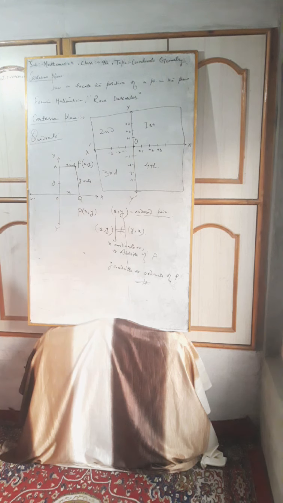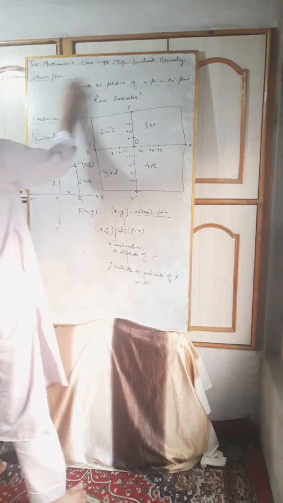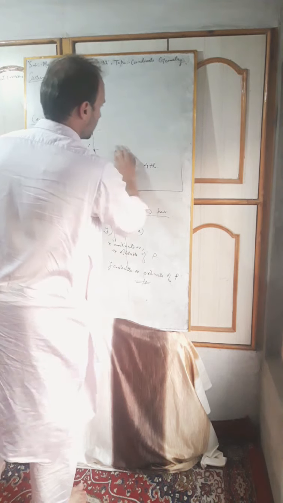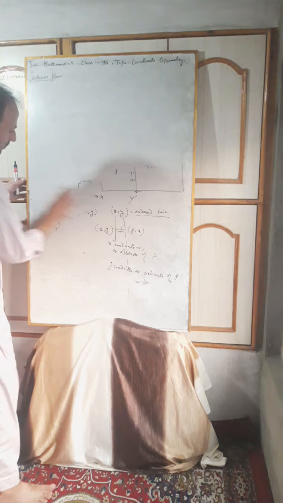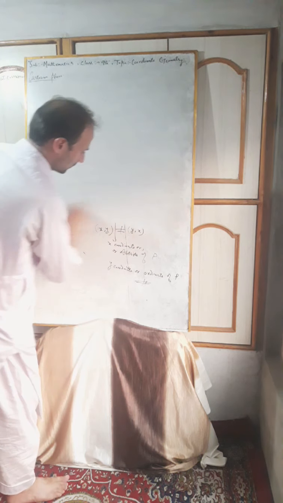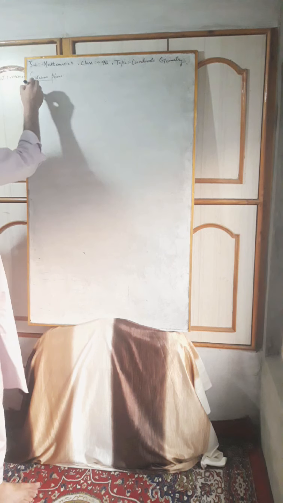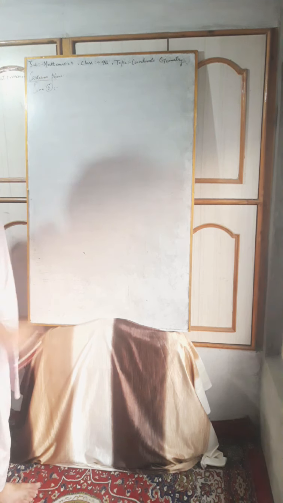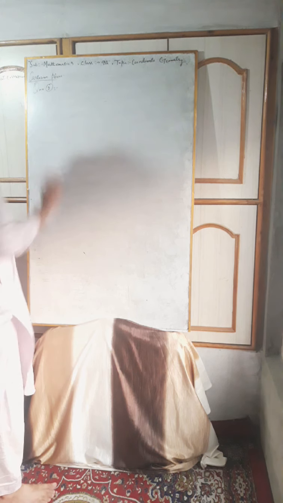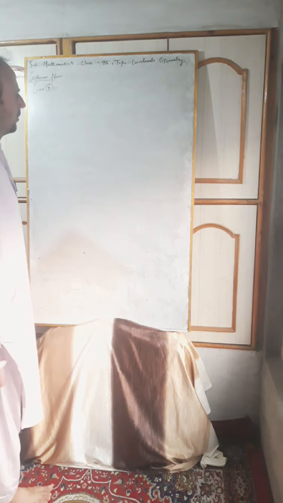The first question of the exercise pertains to how to locate the position of a table lamp on the table. Question number one: locate the position of the table lamp on the table.